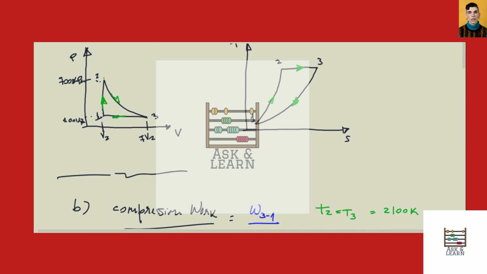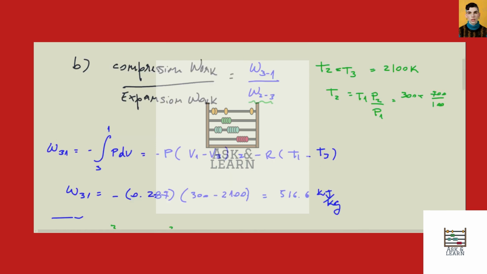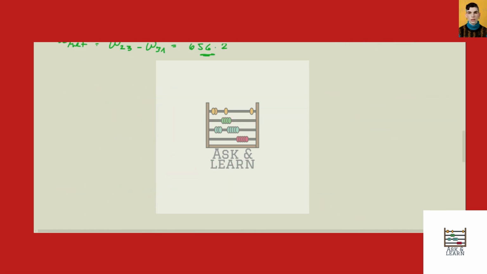And the input heat we find, let's look at the PV diagram. The input heat comes from the difference between the expansion work and the input heat, and that gives us the change in the internal energy. So let's put it in an equation. We have Q13, which is the heat, minus the expansion work needs to be equal to the change in the internal energy, 13.